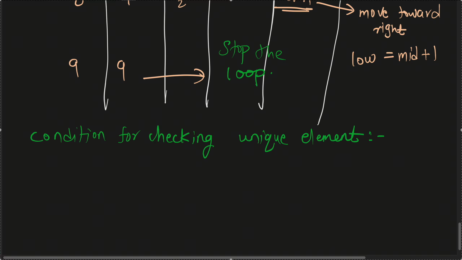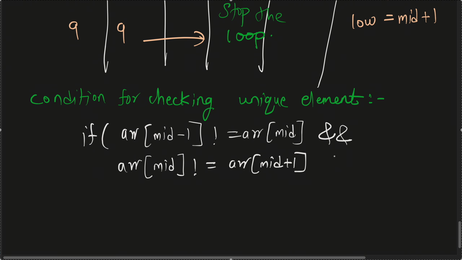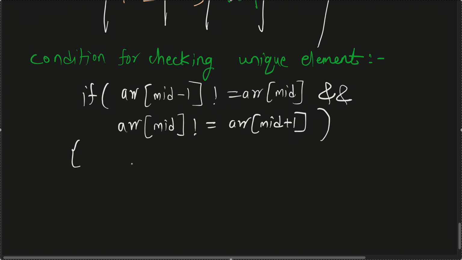The condition is: if array of mid minus 1 is not equal to array of mid, and array of mid is not equal to array of mid plus 1, then that means array of mid is the unique element, right?